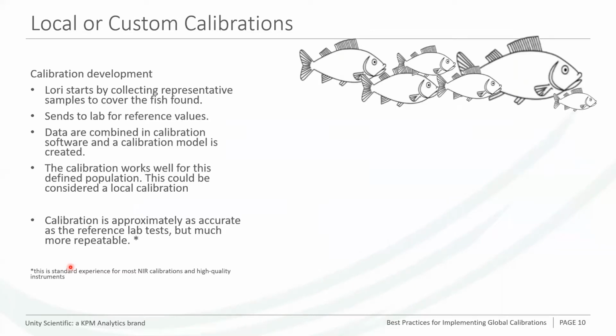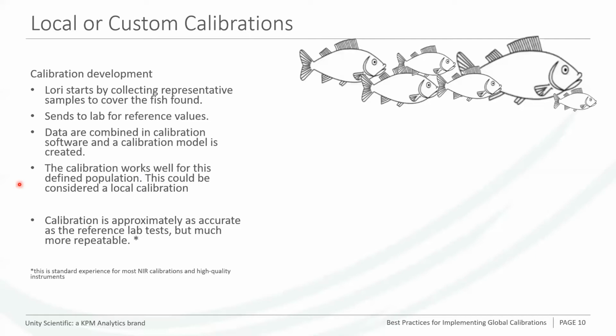Again, near infrared is good at interpolating, but not at extrapolating. So she goes out, she looks at the samples coming into her factory, she collects representative samples, she sends them to the lab, she puts them into a calibration model, and the calibration model works well. So this calibration works well for her defined population.